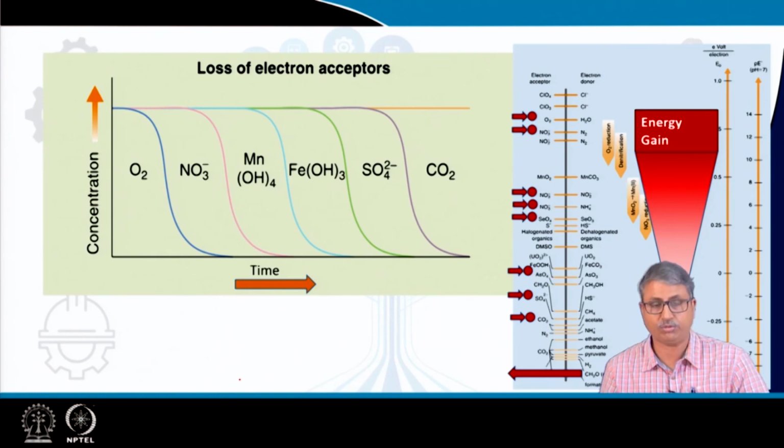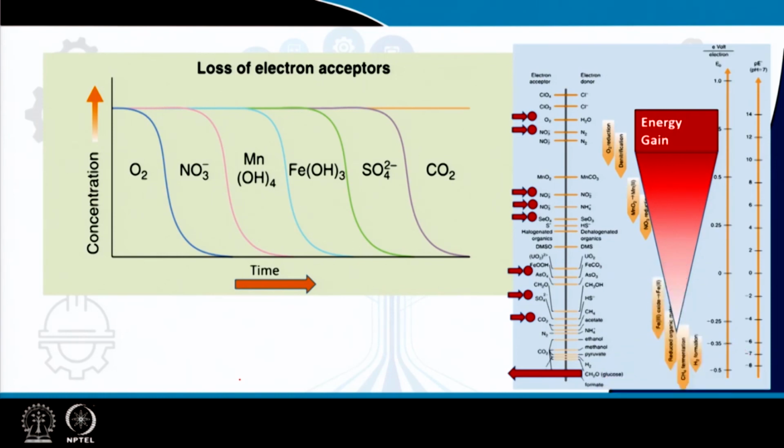That will actually follow the diagram that we discussed earlier, and depending upon these electron acceptors used, the energy gain will be different. If they are using oxygen, the highest amount of energy will be gained compared to nitrate, and then the manganese or iron reducing bacteria, and then sulphate reducing bacteria, and finally, carbon dioxide reducing bacteria, archaea rather.